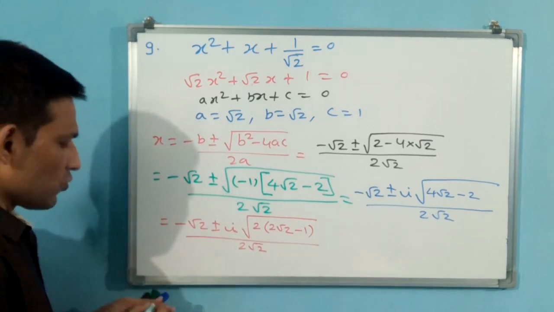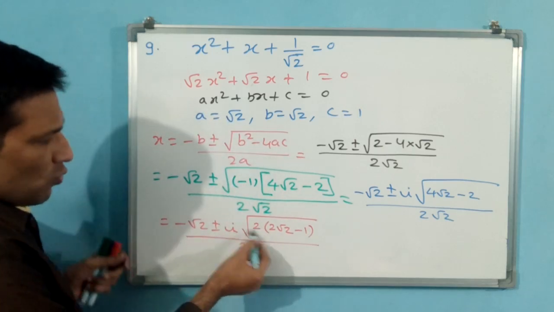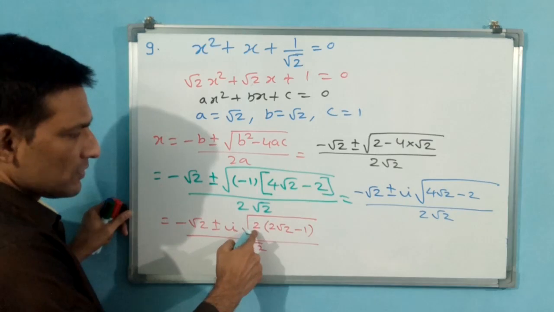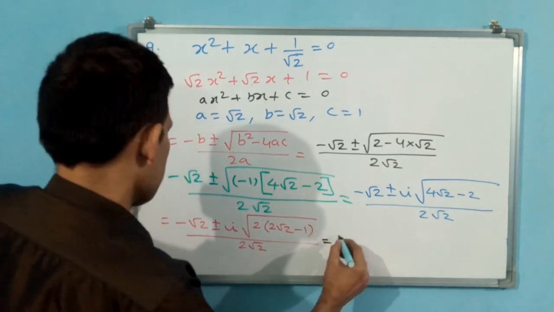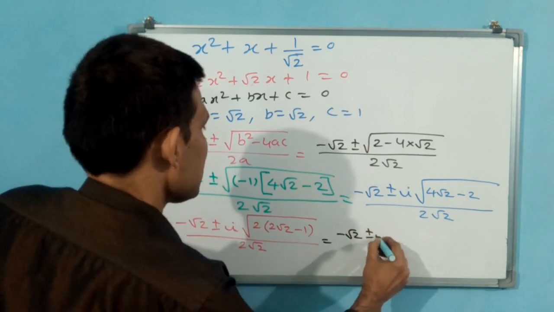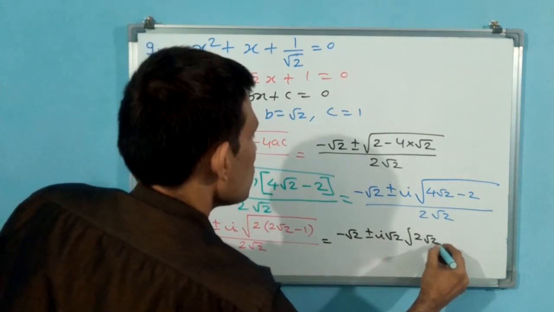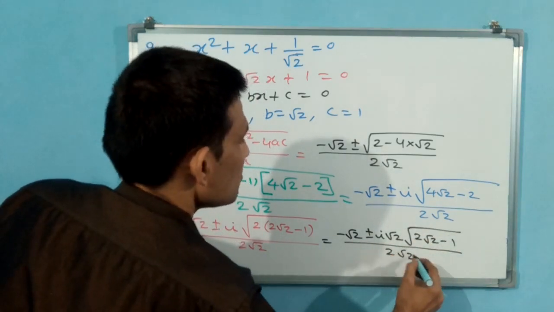Because root 2 I can take common and cancel out. This is root 2 only, under root. I will take it out, and 2 root 2 minus 1 will be inside the root. Minus root 2 plus or minus I root 2, and again 2 root 2 minus 1 by 2 root 2.